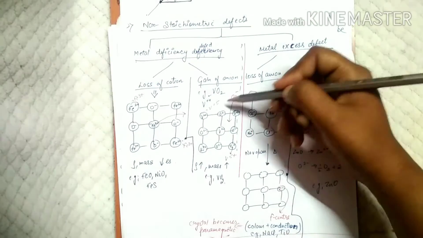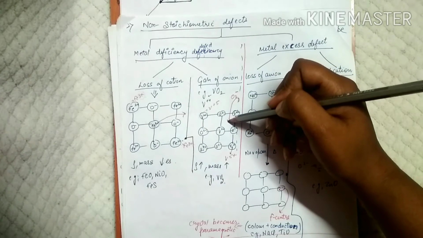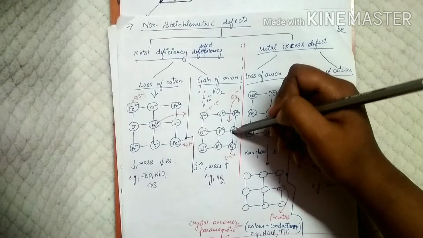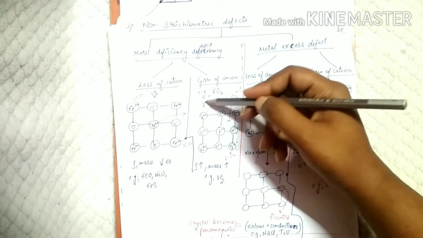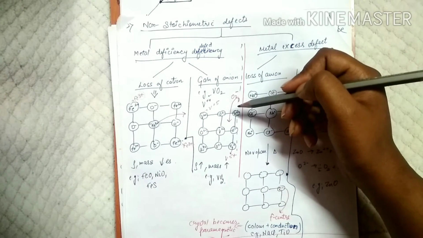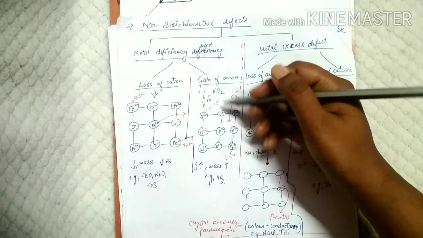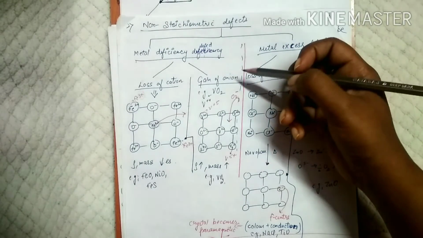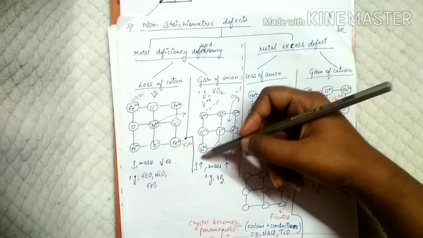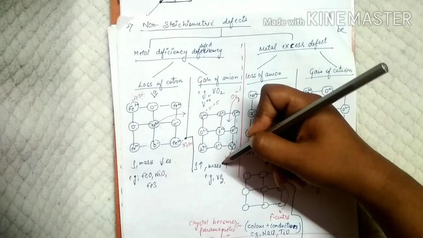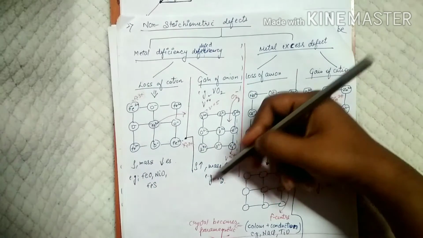In this case, anions are coming from the outer environment, so the number of ions in the crystal is increasing. Because the number of ions is increasing, definitely density as well as mass is going to increase. Example is VO2.